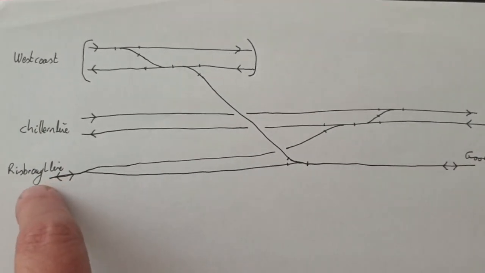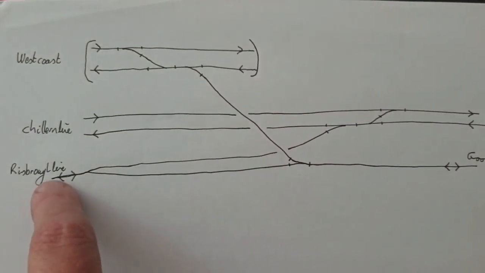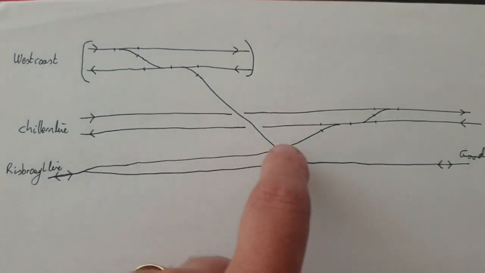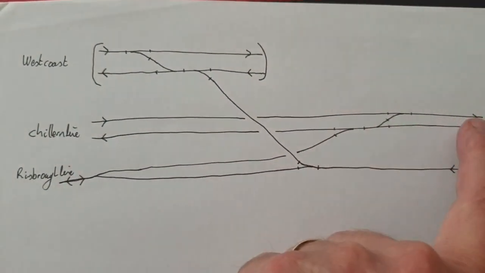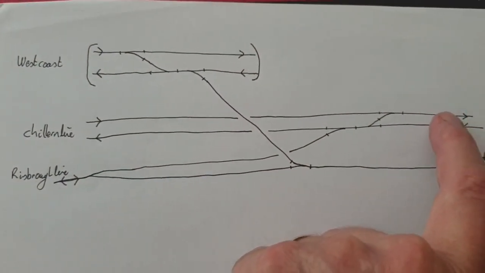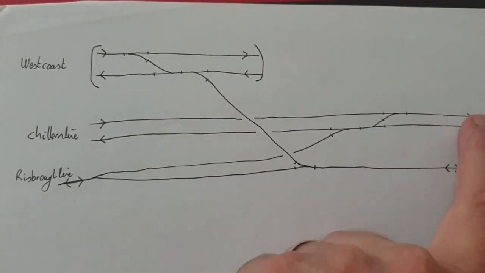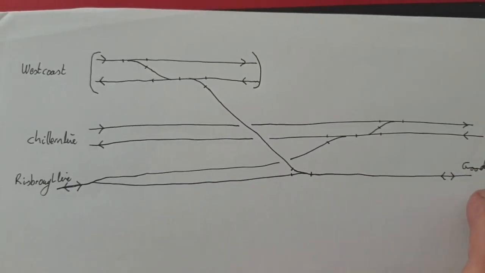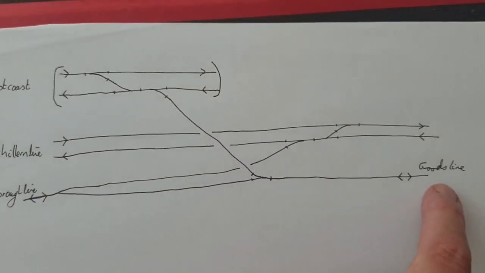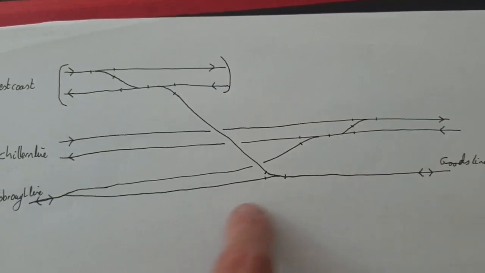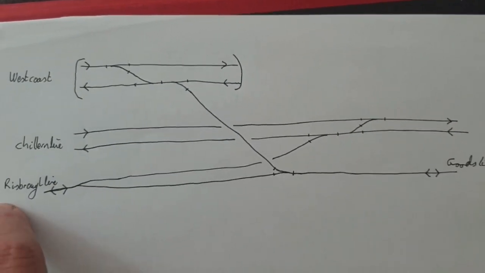So there's a single up and down line, and so passenger trains can also cut back across onto the Chiltern line to go into London. And obviously I can send goods traffic from London up to Aylesbury on the Risborough line.